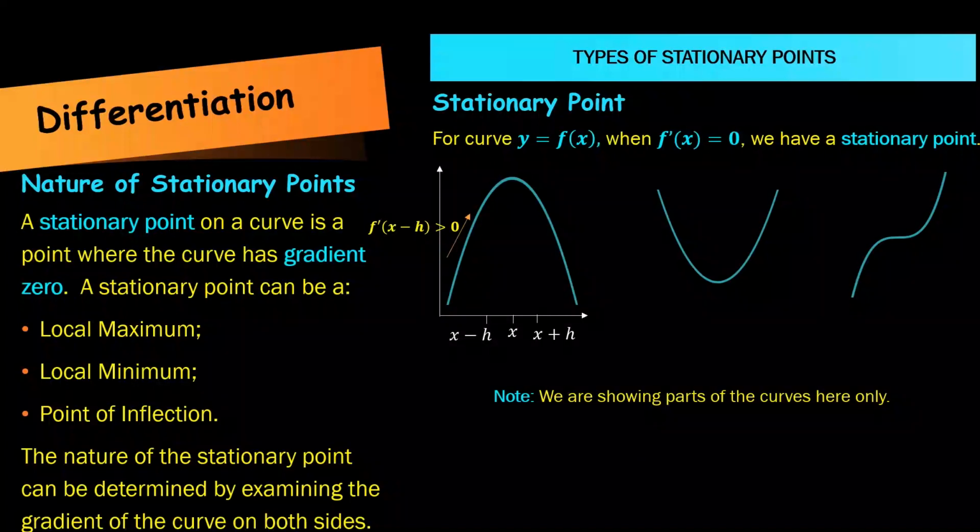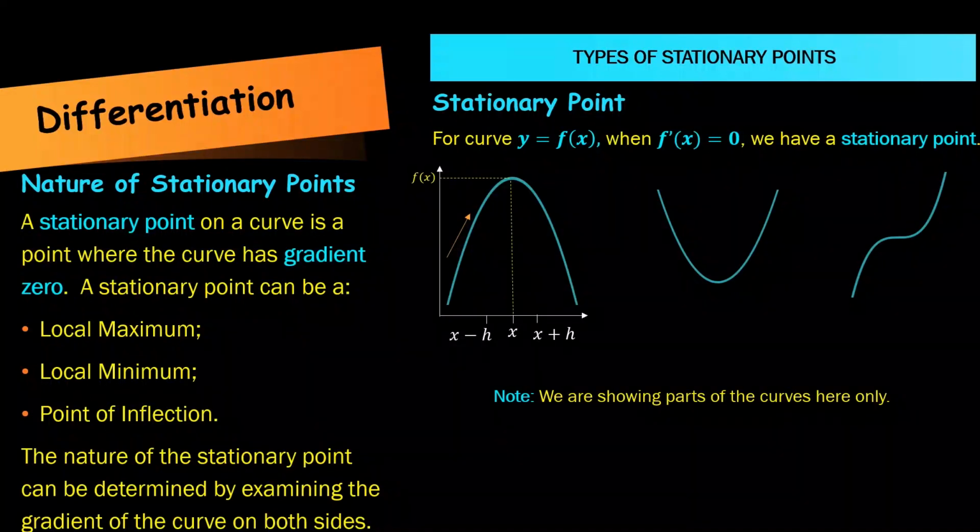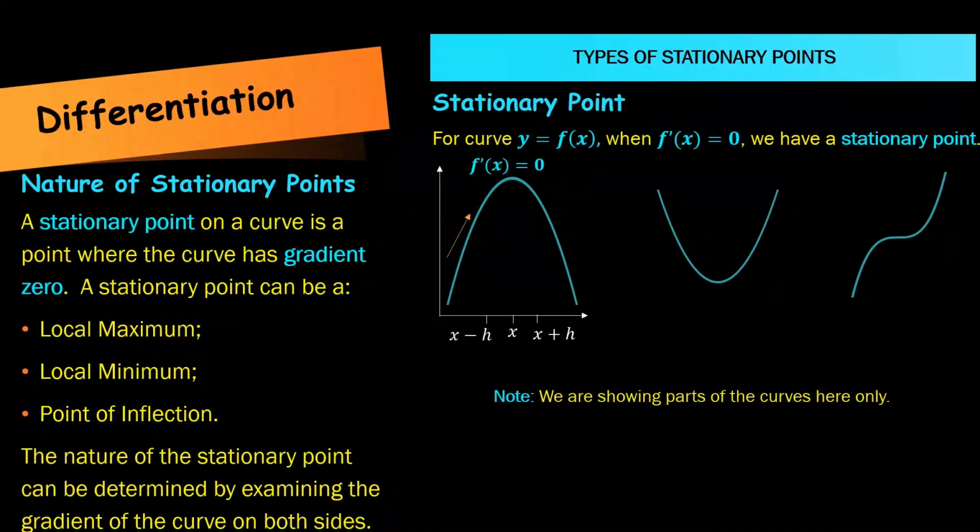So just before the maximum, the gradient is greater than 0. At x, the gradient is 0. And after x, the gradient is less than 0. So f dash of x plus h is less than 0.